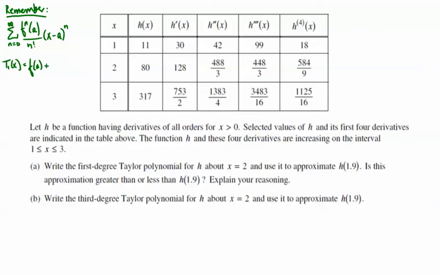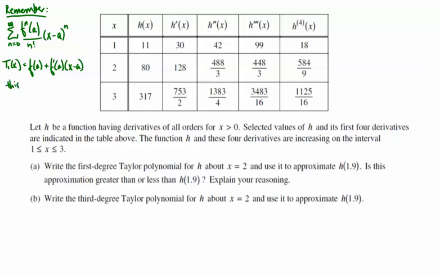Then plus f prime, the first derivative, evaluated at the center, divided by 1 factorial, which is still 1, times x minus a, the center, to the first power. And that is the general form of the first degree Taylor polynomial for some function f.